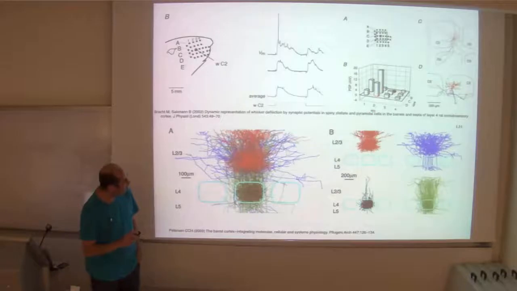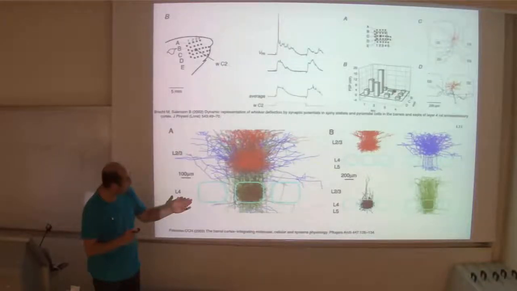So for example, you can do the same experiment, but now looking at the subthreshold potential of the neuron. So you see that you give a stimulation, you move whisker C2, so now it doesn't move, then you jump to some value, it means you move the whisker, and you wait for a while, and then you move back, and you see that there's an excitation response to the whisker movement, and then another one at the end, and this is subthreshold, okay, and some of them will be suprathreshold.